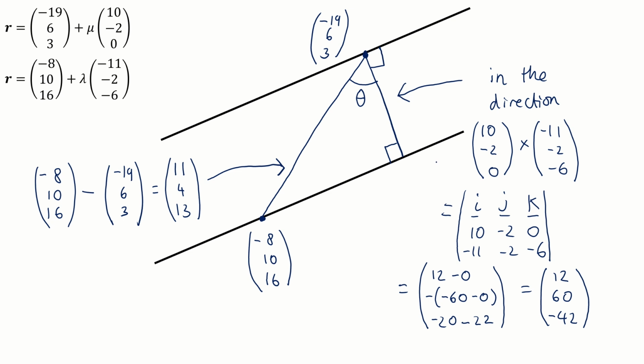Well, good news is I've got the directions of the vectors either side of theta, so therefore I can use those to find theta. So 11, 4, 13 and 12, 60, -42, the 2 new vectors I've found, I'm going to use with the dot product to find what theta is. So giving ourselves more room now, let's have a go at doing that. So cos of the angle between the 2 lines. Now weirdly, I have just called it theta, so you might be wondering why I haven't called it theta.